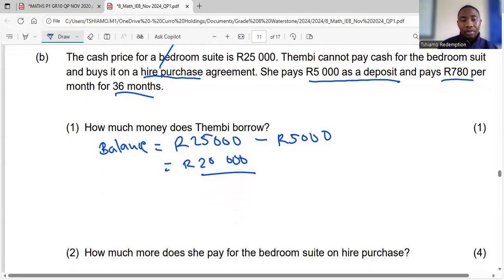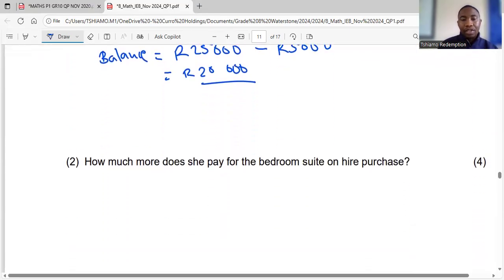Okay, continuing. How much money does she pay for the bedroom suite on hire purchase? How much is she going to end up paying? Remember, hire purchase, she's going to be paying for 36 months a certain amount of money. So always with the hire purchase, she's going to pay extra. She's going to pay with interest. So what is the present amount?